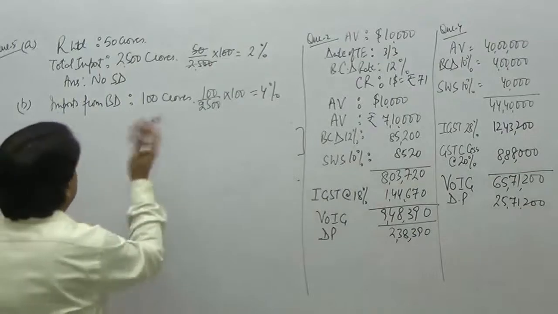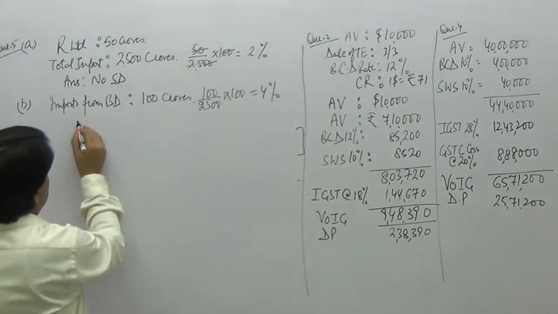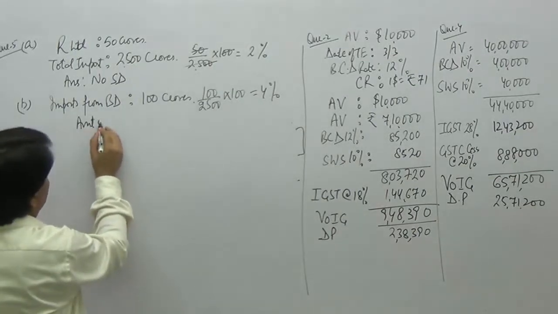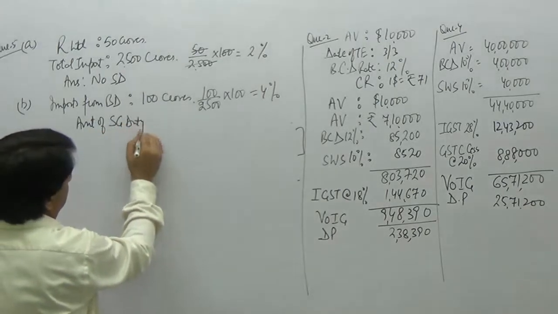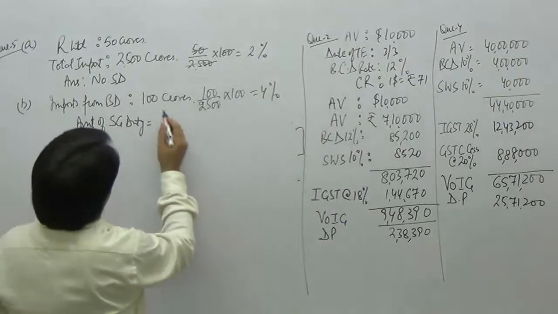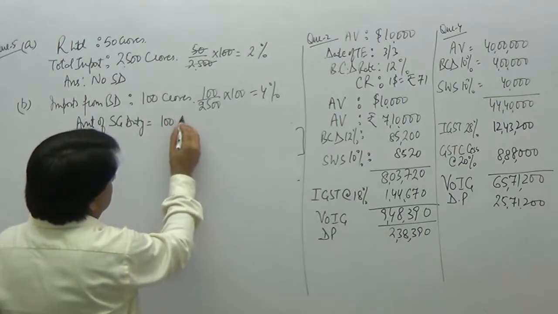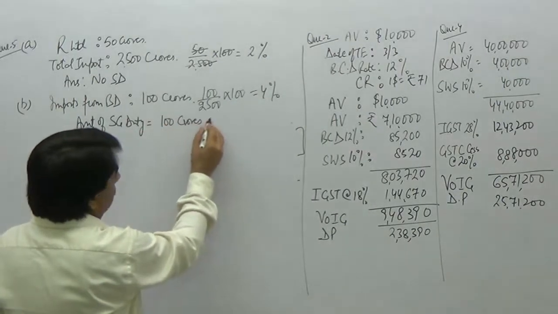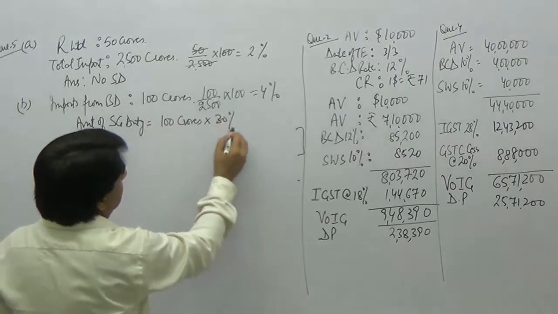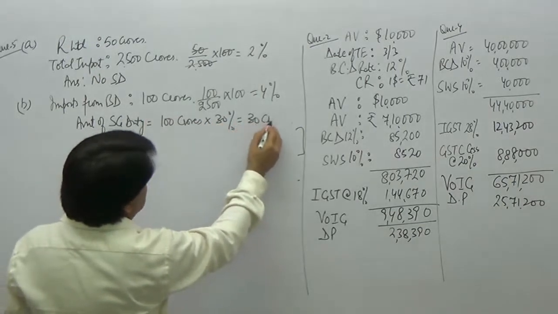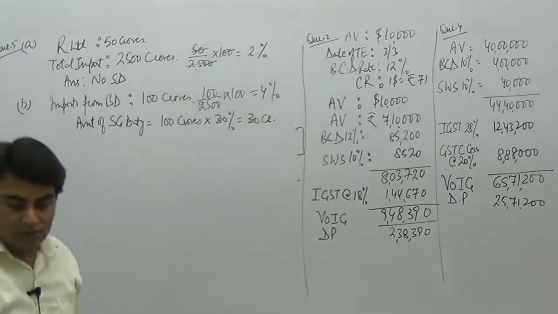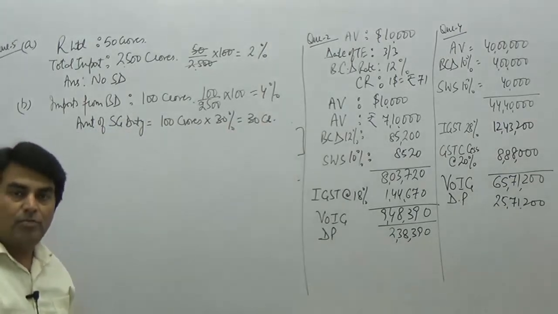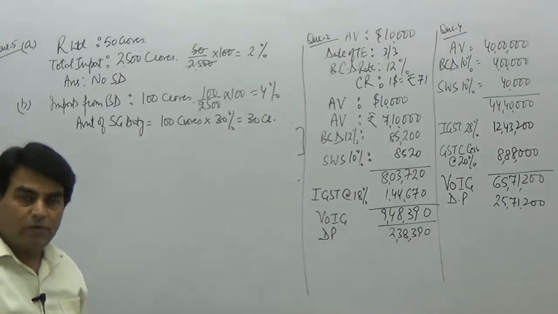The rate given is 30%. The amount of safeguard duty: they have imported goods worth 100 crores, the duty rate is 30%, so the amount of duty is 30 crores. 30 crore is the amount of safeguard duty on the import of 100 crores of these goods from Bangladesh.